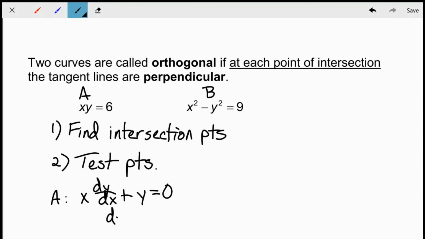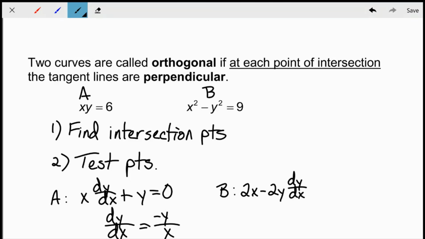And we end up with dy/dx being equal to negative y over x. And for the second equation, which I'm calling equation B, when I take the derivative, I'm going to get 2x minus 2y dy/dx is equal to 0. And when I solve that, I get dy/dx is equal to x over y.